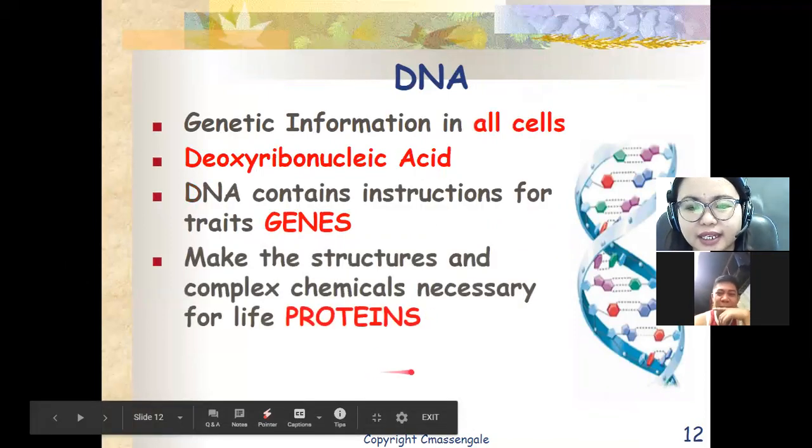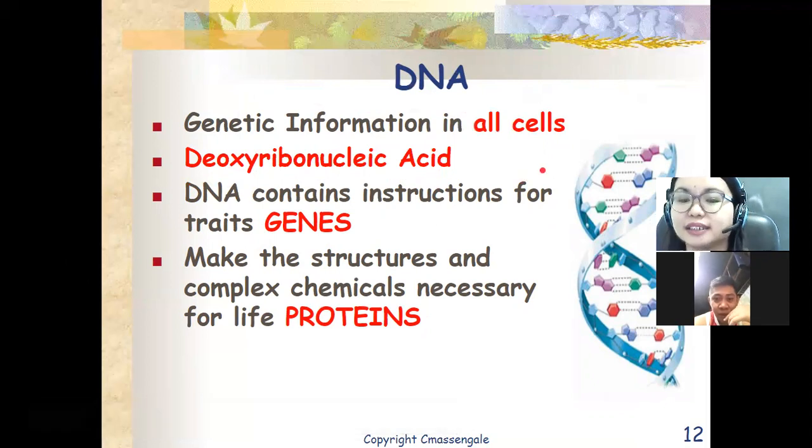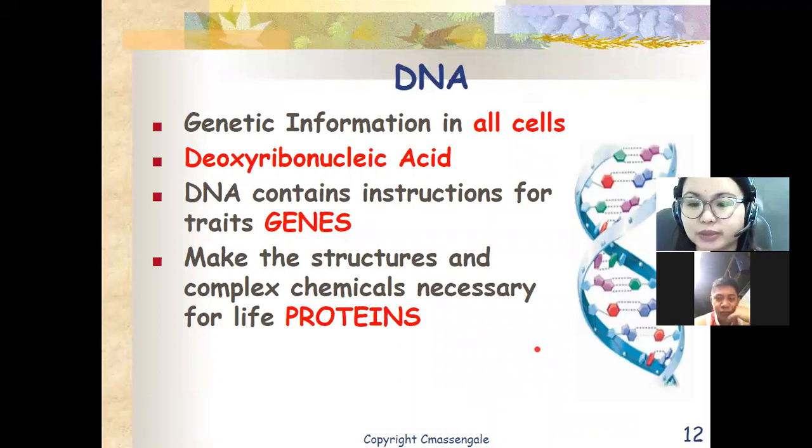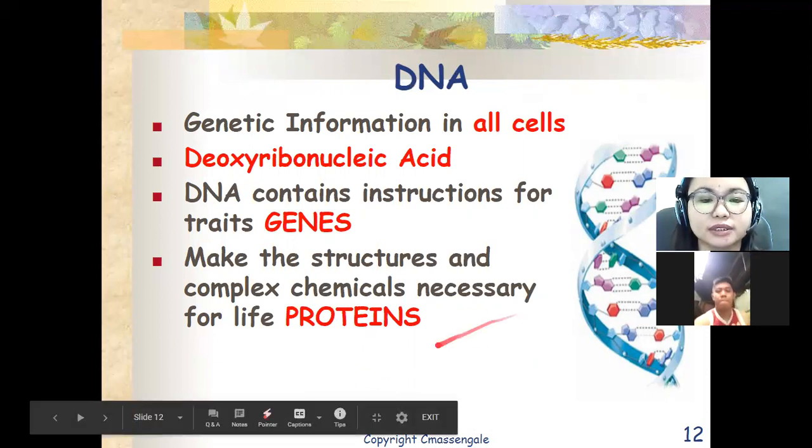Talk about DNA, it's the genetic information in all cells, known as deoxyribonucleic acid. You should memorize that. DNA contains genes, the instructions for the traits. It makes up your physical beauty, your intelligence, and even your emotional, psychological, and social traits. It makes the structures and complex chemicals necessary for life, or proteins.